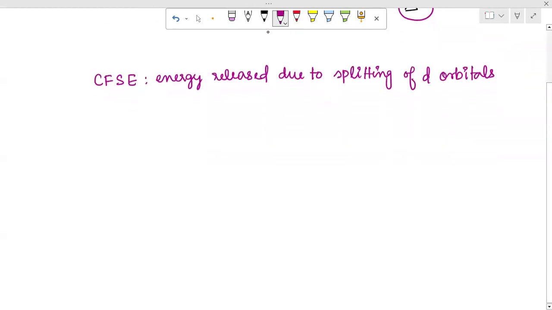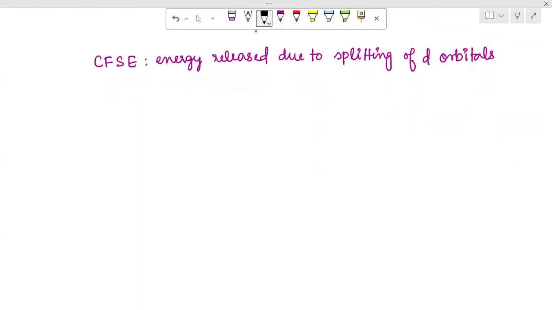Let's say that you have two species. One has a CFSE of minus 0.4 delta O, and the other has a CFSE of minus 1.2 delta O. Which one is more stable? Understand that minus denotes stabilization.